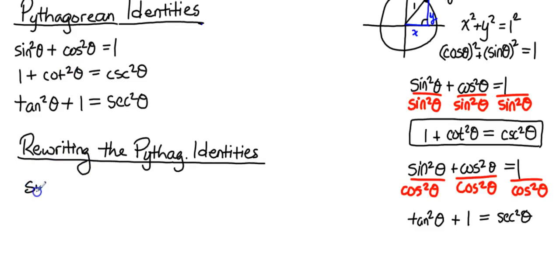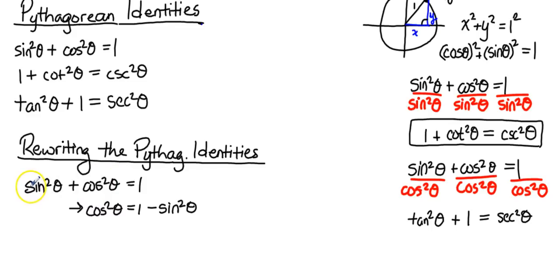So let's start with that first one. Sine squared plus cosine squared equals 1. Well, if I solve this for cosine, this is going to be cosine squared equals 1 minus sine squared. So literally, if I'm trying to isolate this term, I would subtract over sine squared of theta.